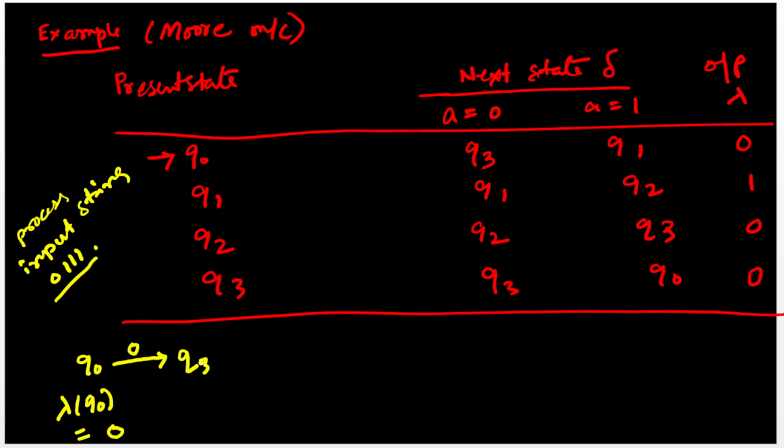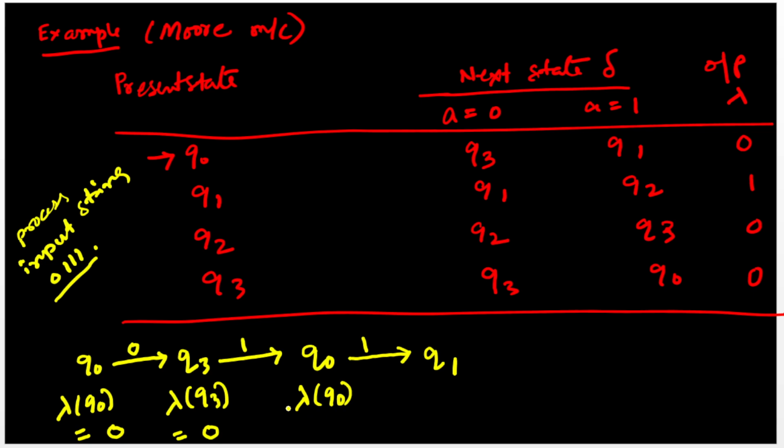Now if you are in q3 and your input is 1, you will move to q naught. What is the output while you are in q3? Lambda of q3, at that time your output is 0. While you are in q naught, your input is 1, you move to q1 state. Lambda of q naught is also 0.